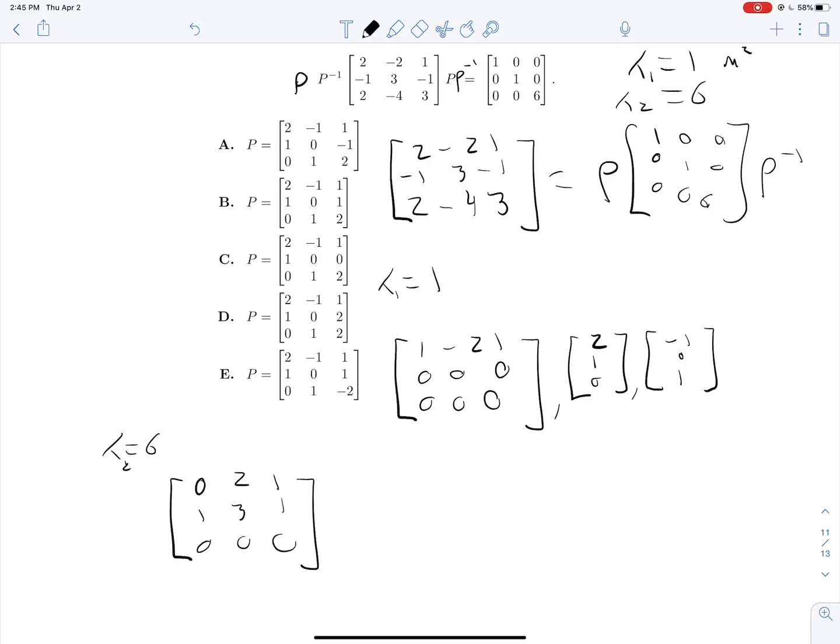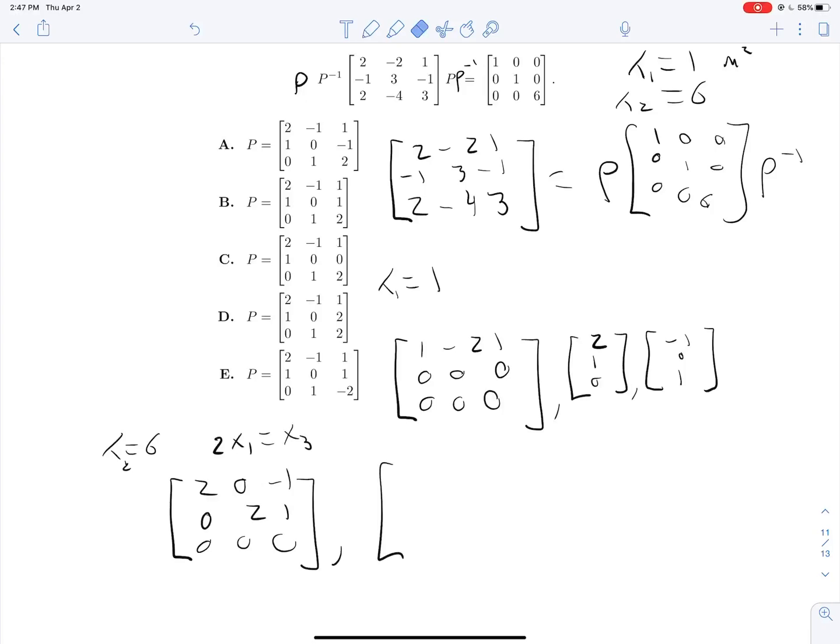And as a final step, let's multiply row 1 by 3 to get 6, 3, and let's multiply row 2 by 2 to get 2, 6, 2. And then let's subtract row 1 from row 2. That will give us 0, -1, and we can change that back to a 2, 1.